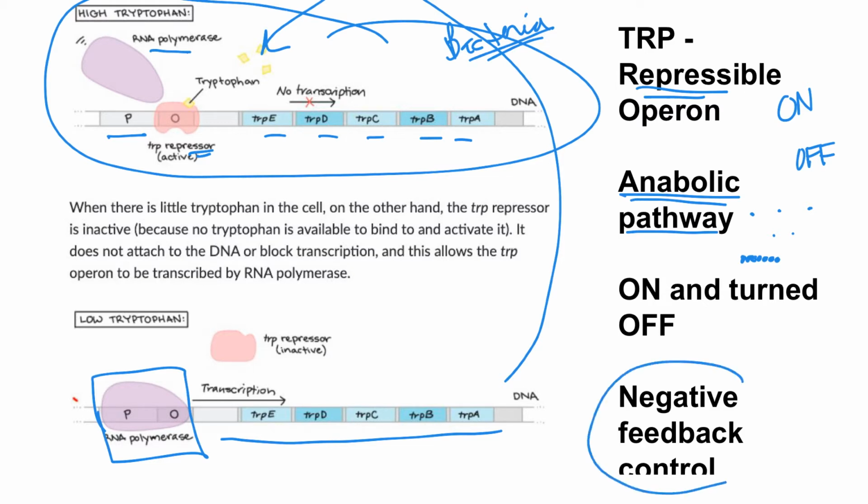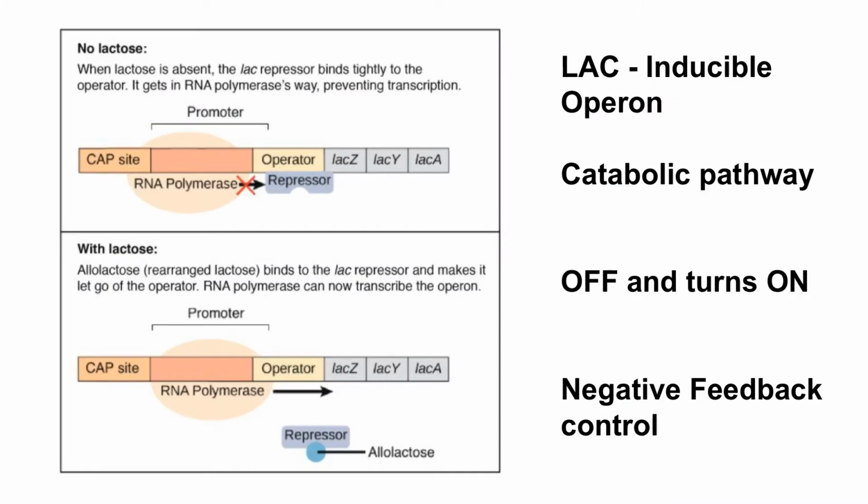This is an example of a negative feedback control because when something is on, you can then turn it off. Negative feedback control does not mean that something is turned off. It means that the result is the opposite of the stimulus. Because it was on and I turn it off, that's an example of negative feedback.